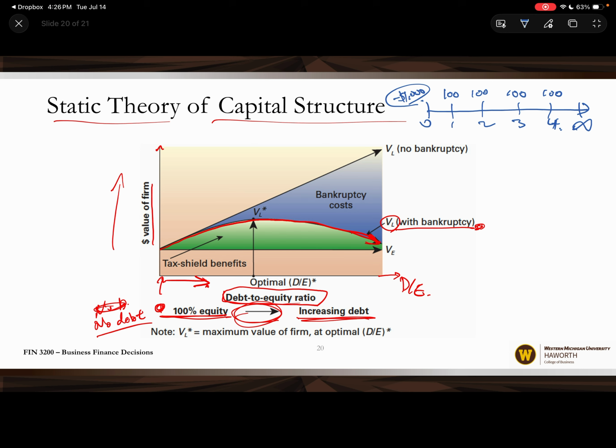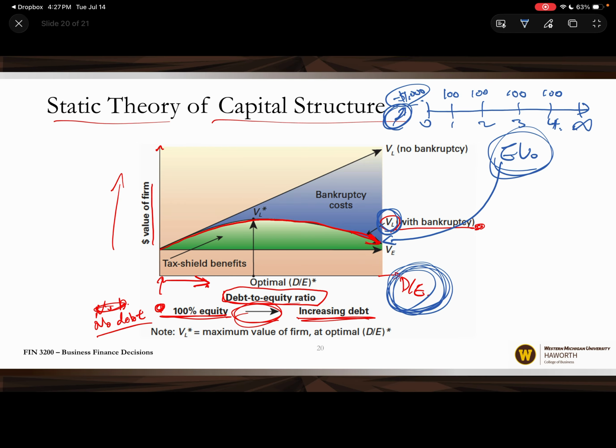We're trying to change the capital structure to see how the enterprise value changes. So this red line right here is the enterprise value that changes based on the capital structure. So we're changing the R here.